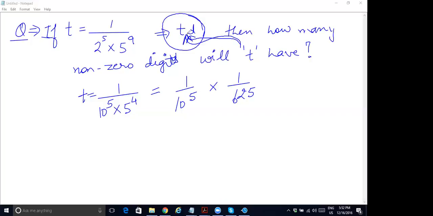Once this is converted into a terminating decimal, how many non-zero digits will t have? Isn't it 3?